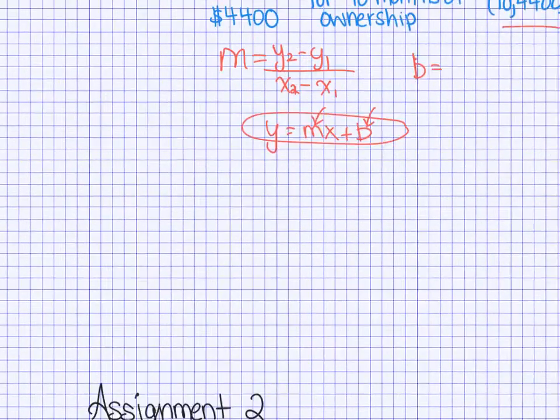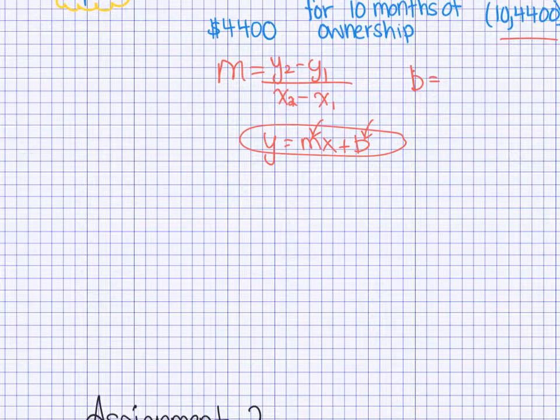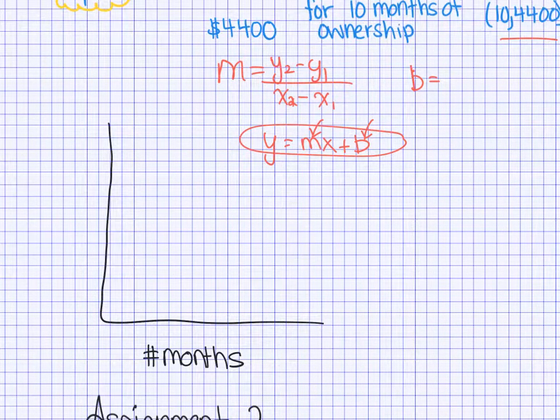Now that you have the equations in y-intercept form, you can easily make a grid and graph. x is the number of months that you own the vehicle for, and y is the cost.